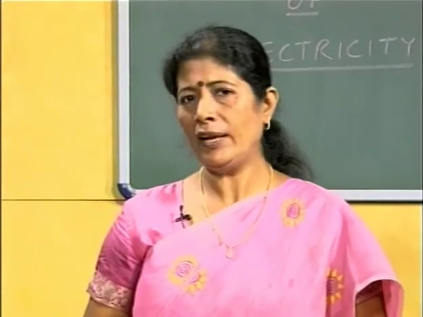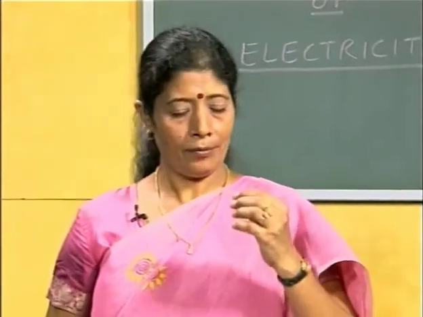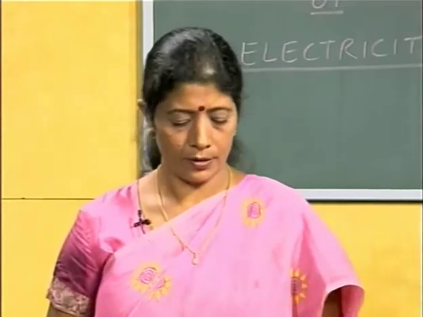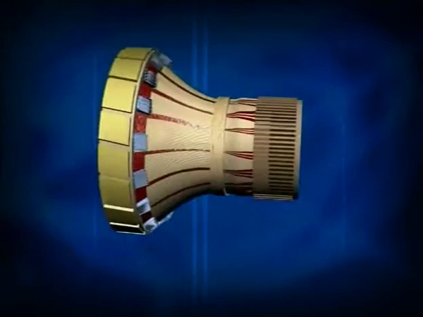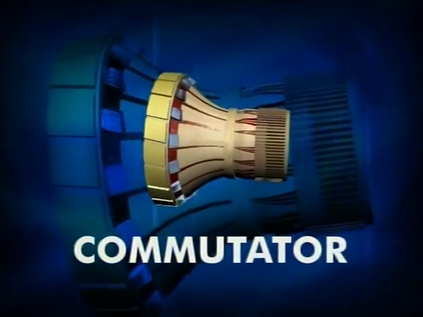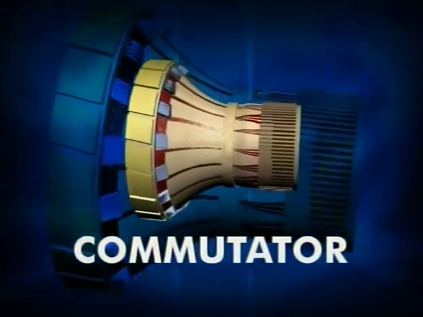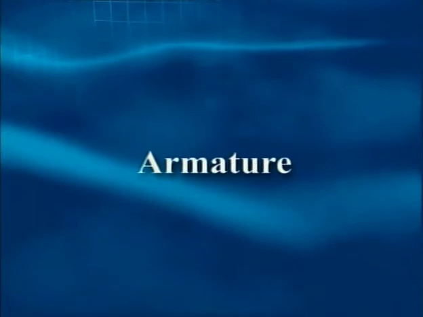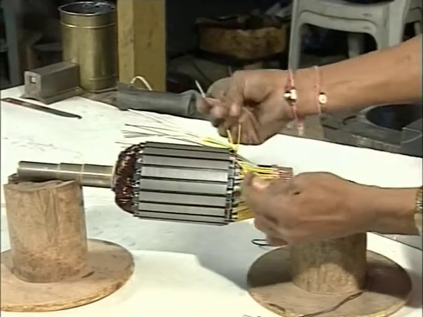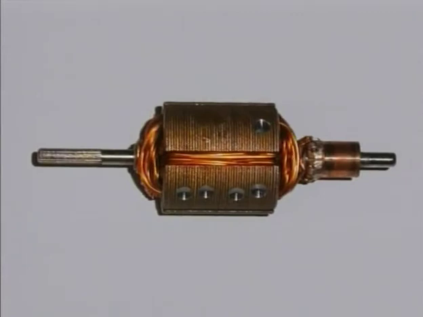Before I explain this phenomenon, let me explain some terms. First is the commutator: a device that reverses the direction of flow of current through a circuit is called a commutator. Second, armature: the loop wound on an axis along with the commutator is known as an armature.